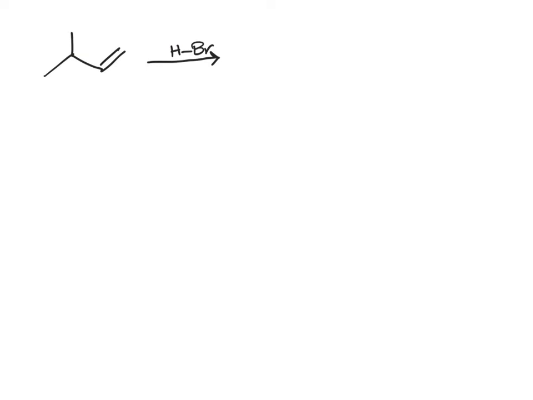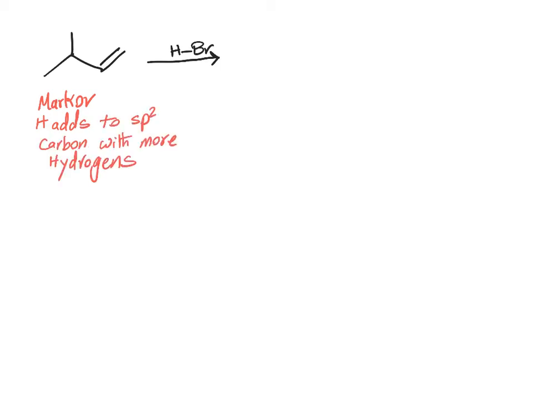Reaction of alkene with hydrogen halide. We know that this reaction is Markovnikov, which means hydrogen adds to the carbon with more hydrogens. The pi bond will act as a base. If we call these sp2 carbons A and B, A has 2 hydrogens and B has only 1 hydrogen.